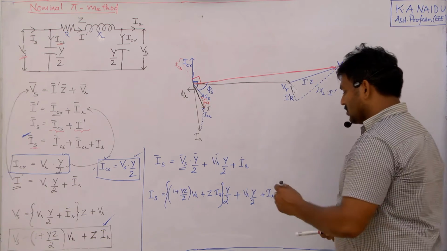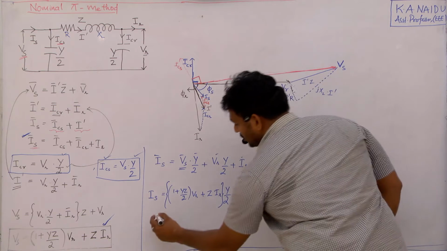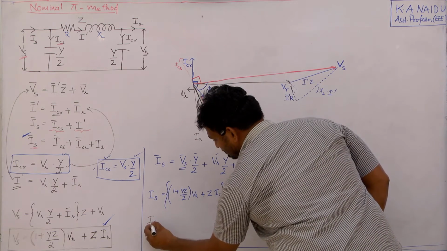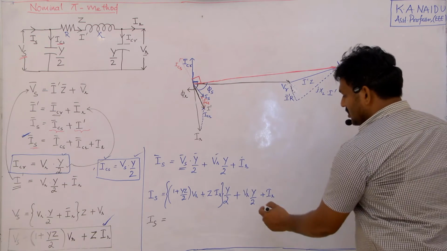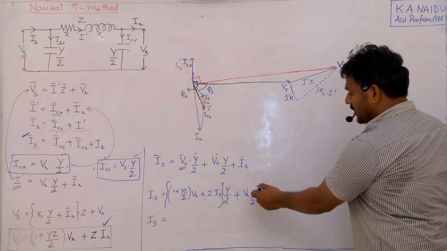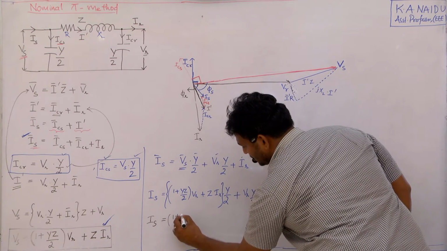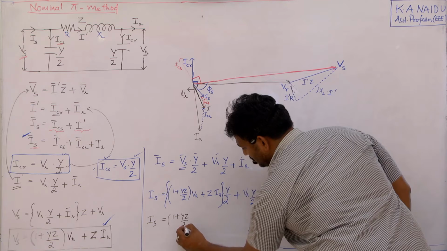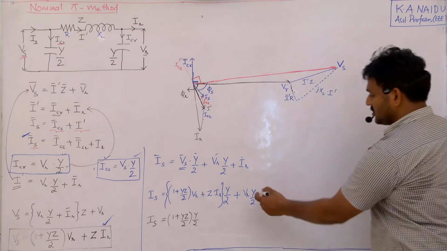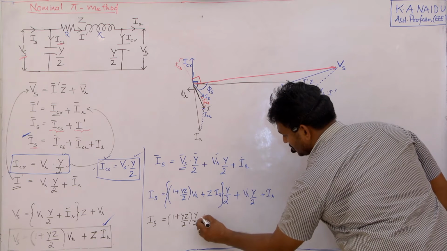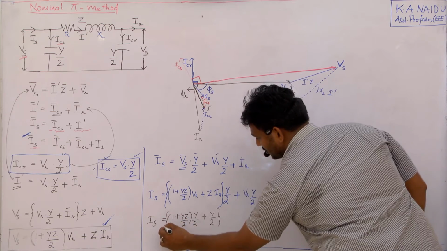Now you can take the Vr terms common, Zr terms common and Ir terms common. So you will get Is is equal to 1 plus yz by 2 into Vr, here you have Vr into y by 2. So what you will get? 1 plus yz by 2 into y by 2 plus Vr into y by 2, whole multiplied by Vr.